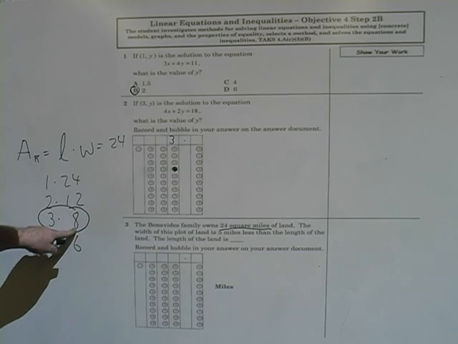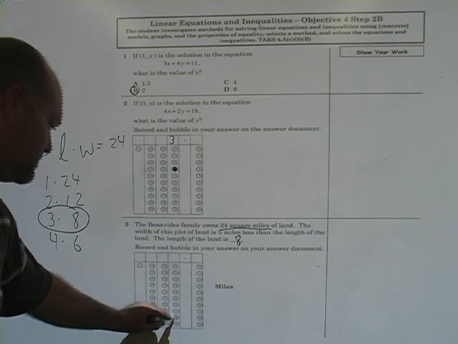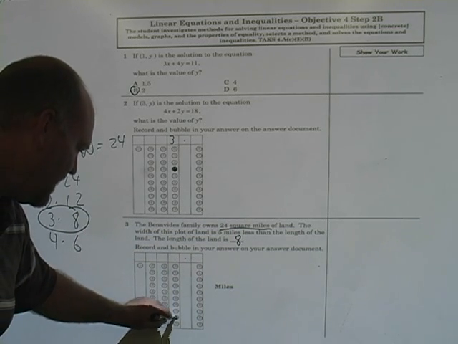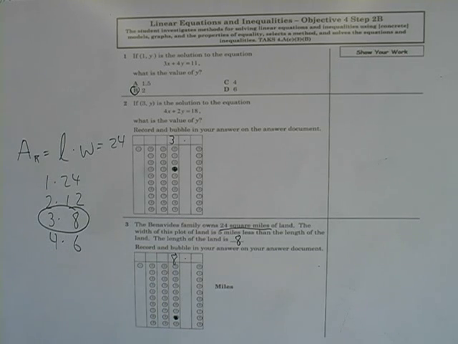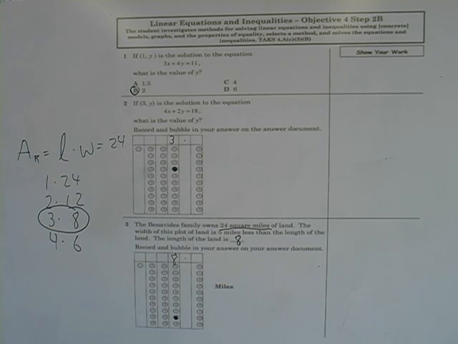So the length is 8. And they're asking us for the length. So bubble in 8 right there. Okay? Because now the width is 5 less than the length, and the area is 24. Because 3 times 8 is 24.